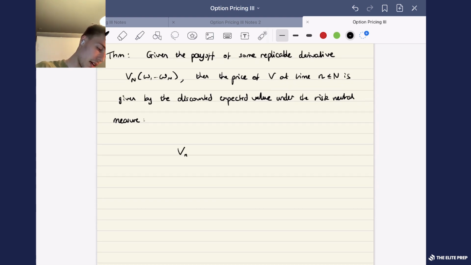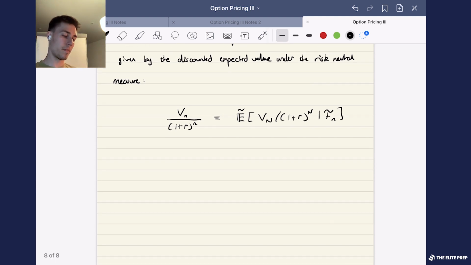So Vn over 1 plus r to the n is just equal to the expected value of VN over 1 plus r to the N conditioned on the filtration at time little n.